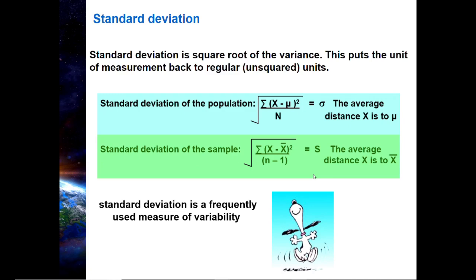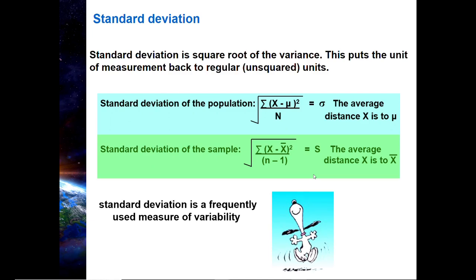You can't just find the average first, because that brings us back to the mean deviation, where half of the deviation scores are going to be negative and half will be positive. That is no good. So to calculate standard deviation, you first have to calculate variance and then take the square root of the variance.